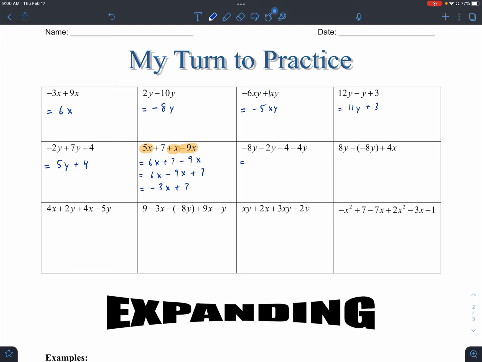Okay, next one here. Identify the like terms. -8y, -2y, -4y. The terms with the y's. Okay, so -8 minus 2 is -10. -10 minus 4y is, well, minus 4 is going to be -14. -14y minus 4.